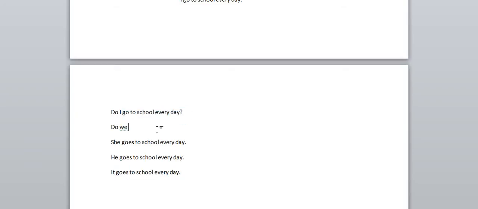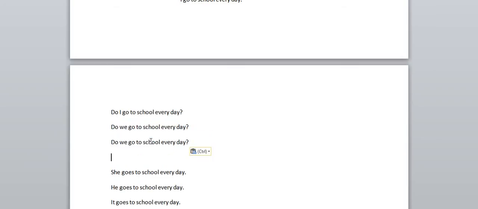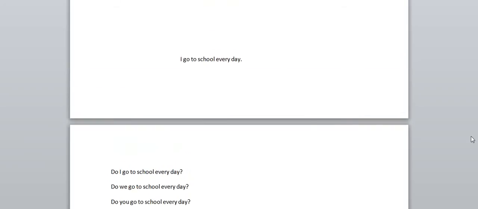And one more example: do you go to school every day? Simple, nothing else. You are not doing anything, just adding do in front of the sentence.